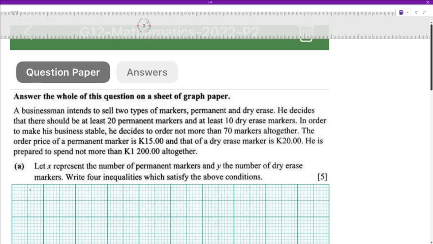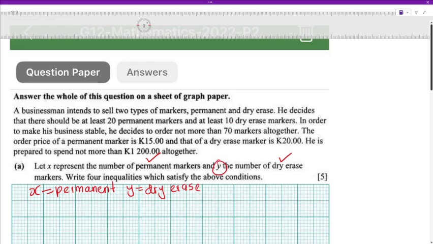So they are saying X should represent what? Permanent markers. So X is equal to permanent, and Y is equal to dry erase. Okay, then we now go back to our question and we come up with our inequalities.